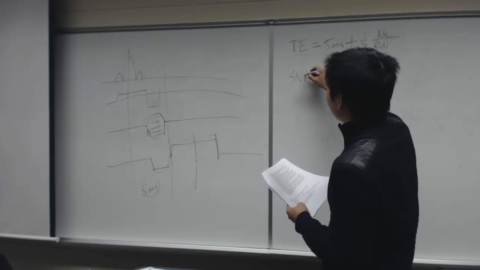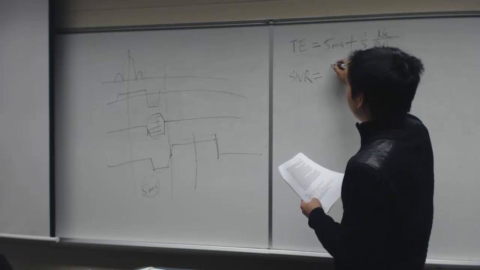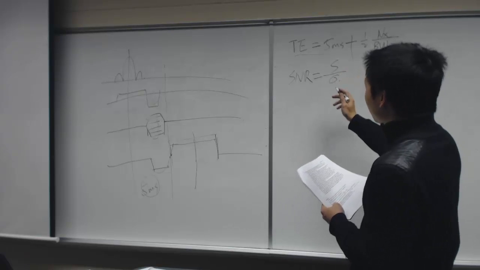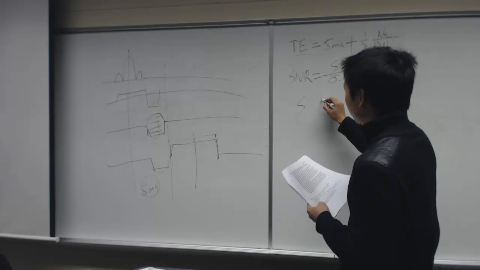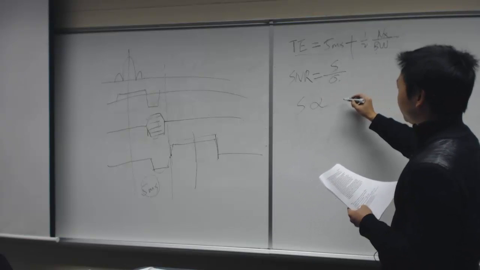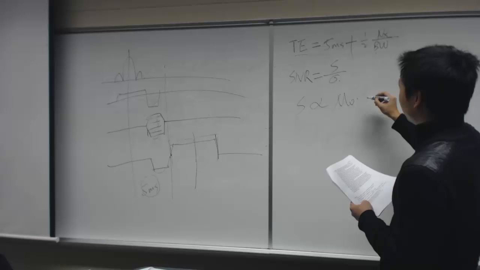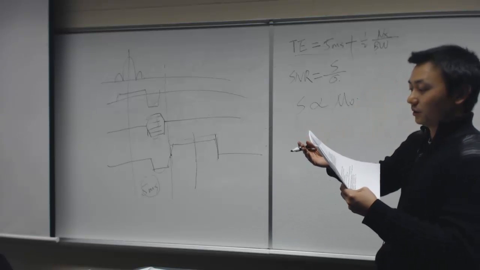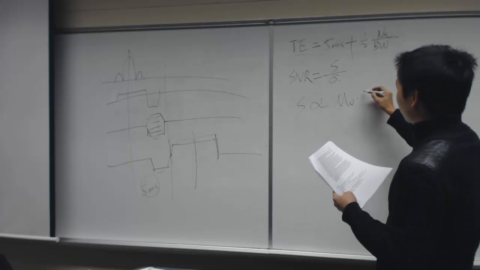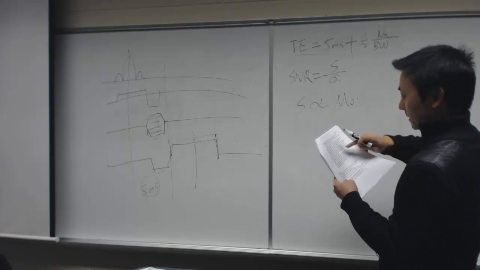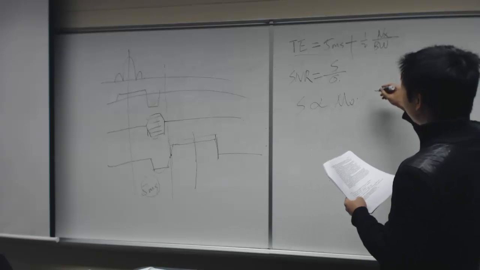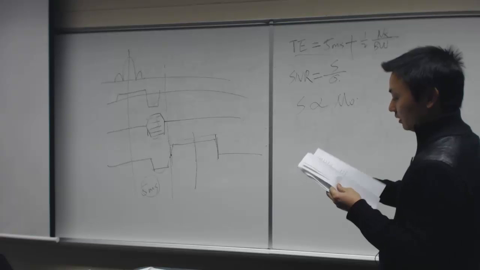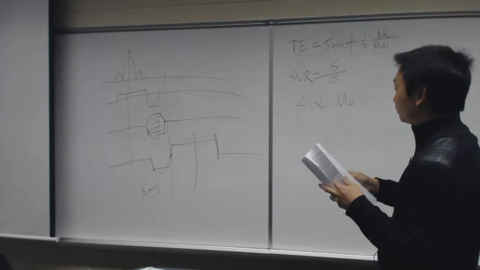And then the SNR, the definition is SNR is S over the noise, right? For the signal, we have M0, and we use the same TR, so it's basically the same as question 3.